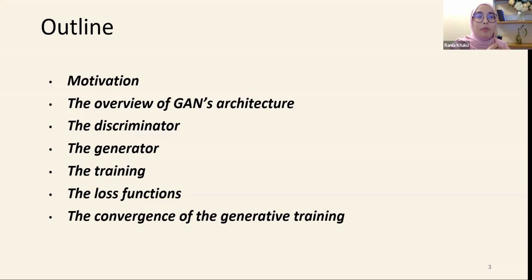After that, maybe we will focus on the training process, and we will go quickly through the math behind the loss function and details for the loss functions used in GAN. And after that, we will go through the convergence. We will see an example of the generative training before introducing a few use cases, or I would say a few examples of GAN architectures, okay?